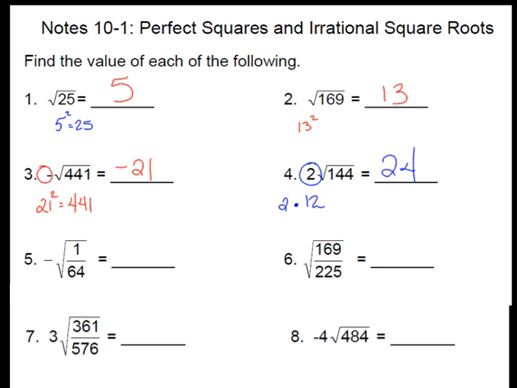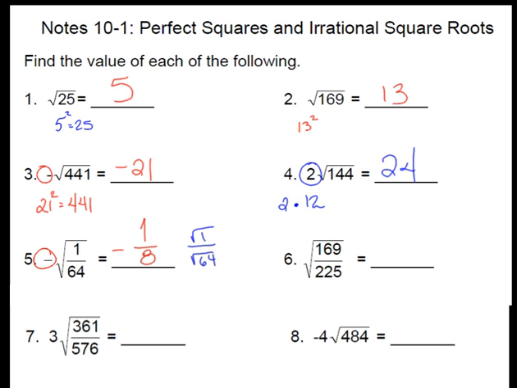And number 5 here, again, the negative is just going to be out front chilling. Whenever you have a fraction like this, you can think of it as the square root of 1 over the square root of 64. So the square root of 1 is 1, because 1 times 1 makes 1. Square root of 64, well, that's 8, because 8 times 8 makes 64.